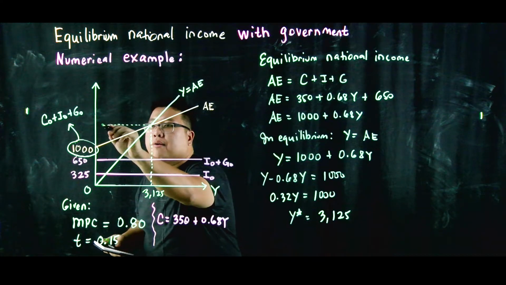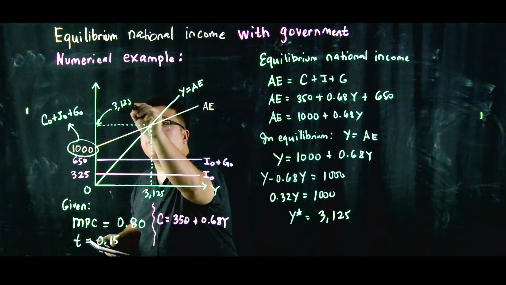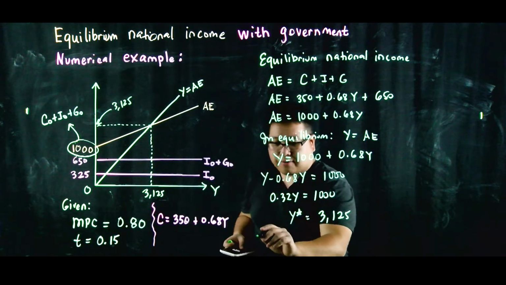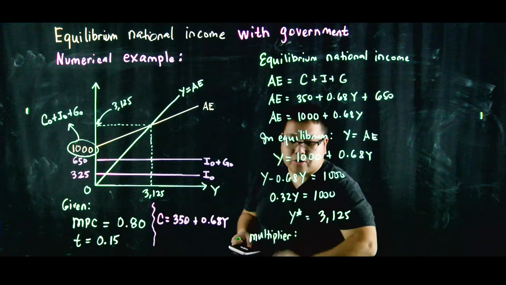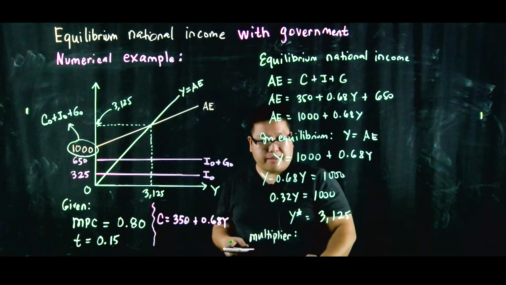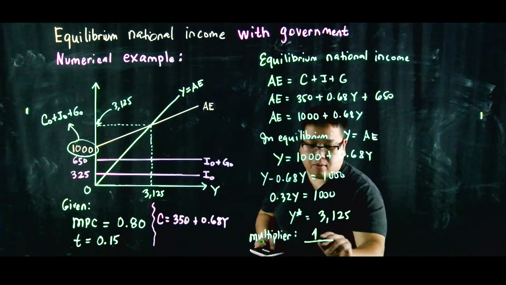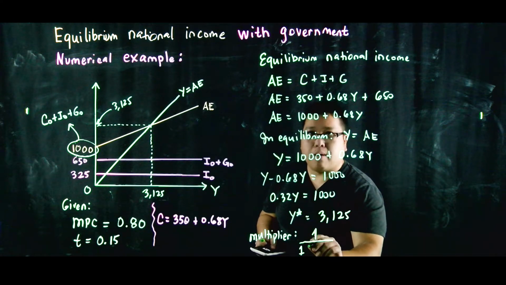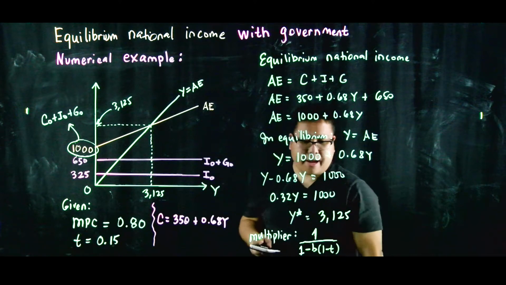Similarly here, this is 3,125. And also, the multiplier is the following. The multiplier looks like this: 1 over 1 minus b times (1 minus t).